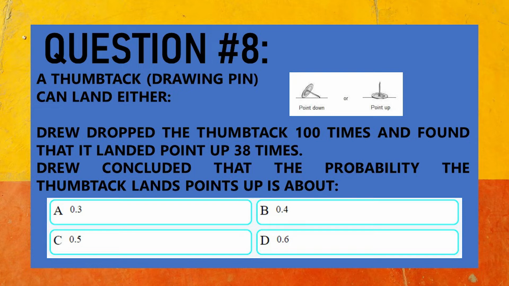Drew concluded that the probability the thumbtack lands point up is about letter A, 0.3, letter B, 0.4, letter C, 0.5, or letter D, 0.6.